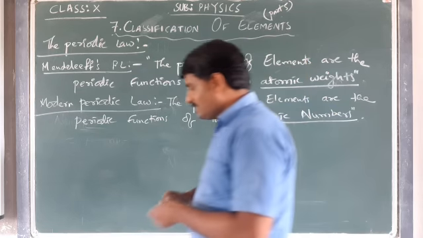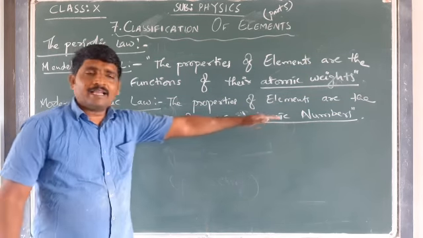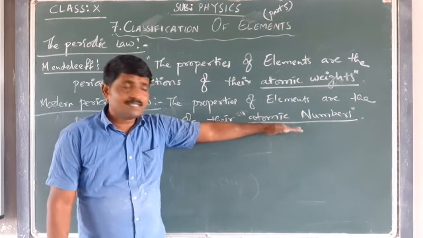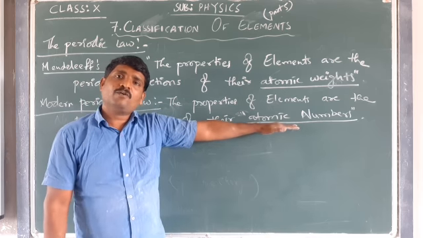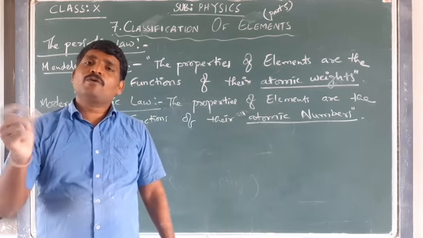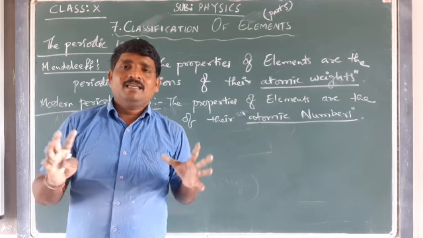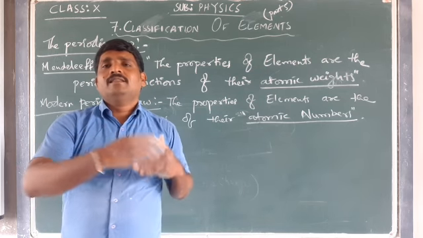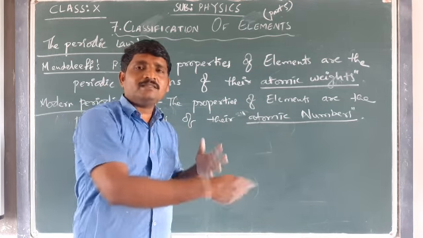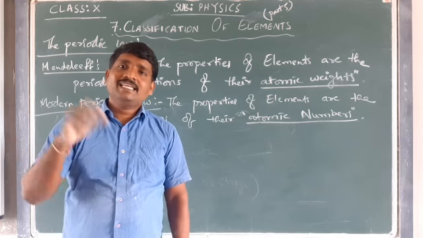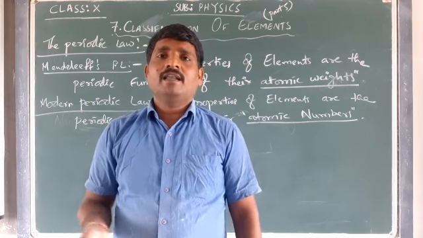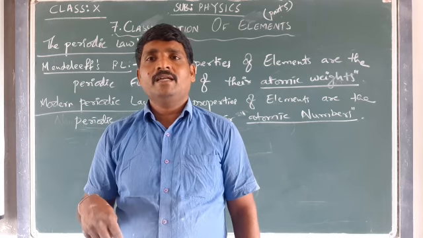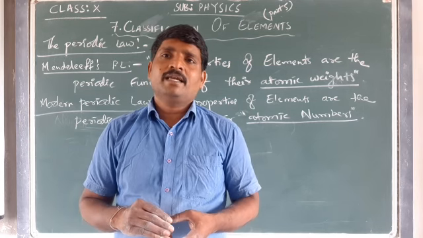Let's try to understand. If I go with atomic number, that is based on the number of protons, and the number of protons does not play any role in the existence of different elements, he thought of changing the concept of atomic numbers, the arrangement of elements based on atomic numbers.